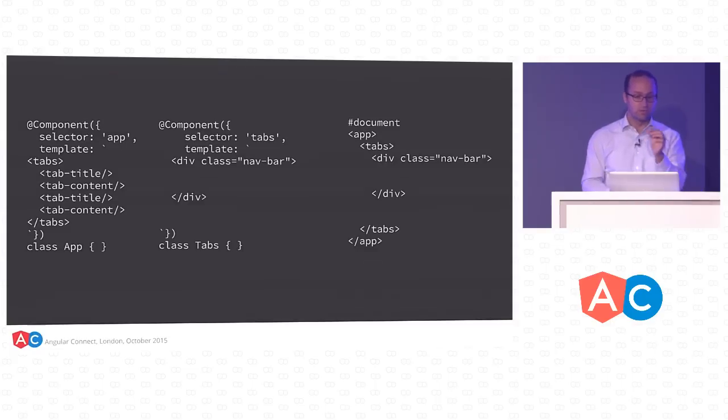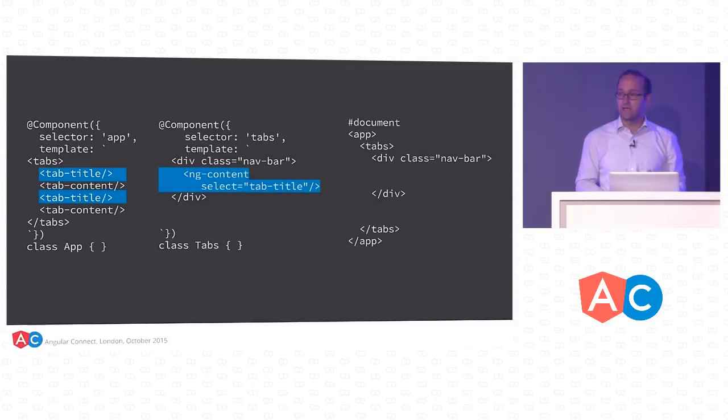So what can we do to actually show the tab titles and the tab contents? And we also want to group them. All the tab titles should go in the navbar, and all the tab contents should go outside of the navbar, right? So for this, Angular 2 has a new concept called ng-content. So ng-content selects elements that you place in your application components by using a CSS selector that you place in the select attribute.